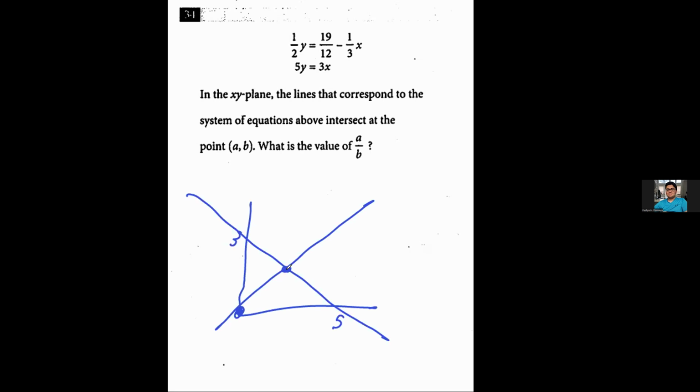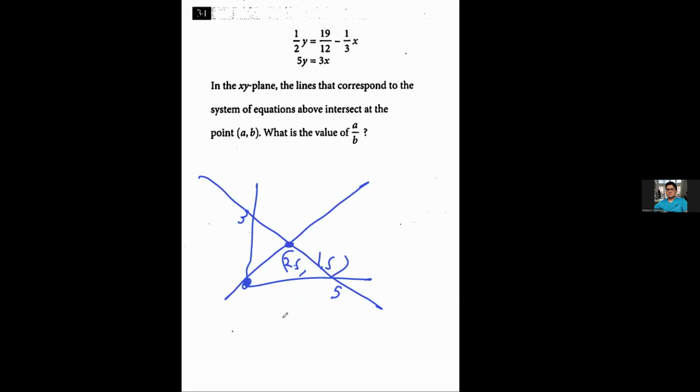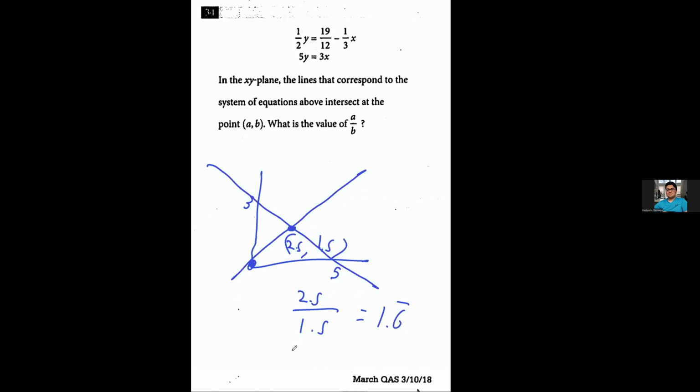The intersection point would be at 2.5, 1.5. It asks what is the value of A over B? That would be 2.5 over 1.5, which is 1.6 repeating, which simplifies into 5/3. So that's the correct answer.